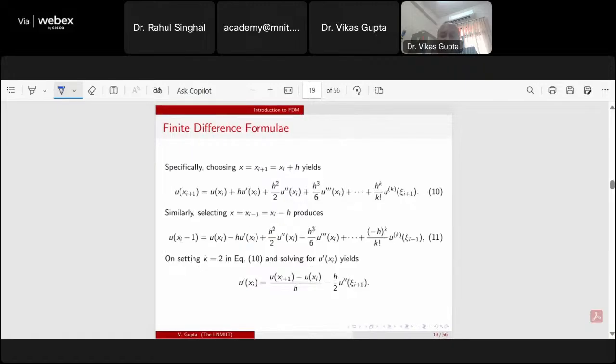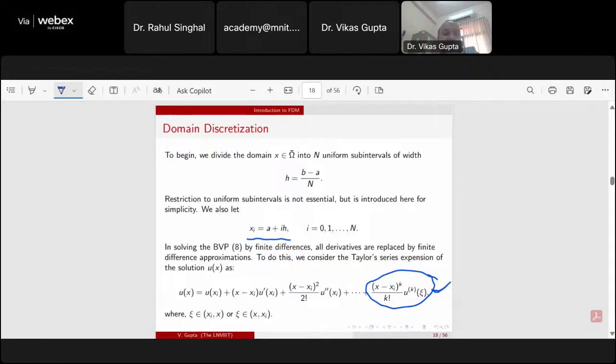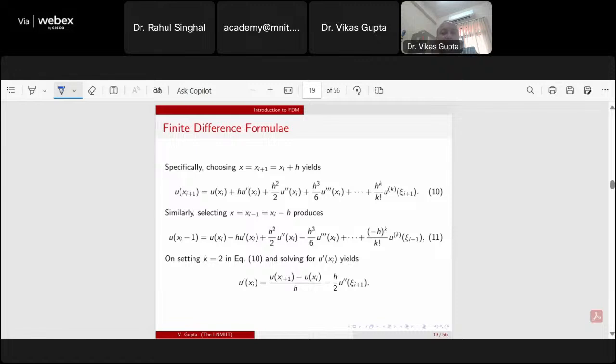So if we replace this point x by x(i+1), that is xi plus h, in that case u(x(i+1)) is equal to u(xi) plus h u prime (xi) plus h square by 2 factorial u double prime (xi) plus h cube upon 6 u triple prime (xi) and so on, up to h to the power k upon k factorial, the kth derivative of u at the point zeta(i+1).